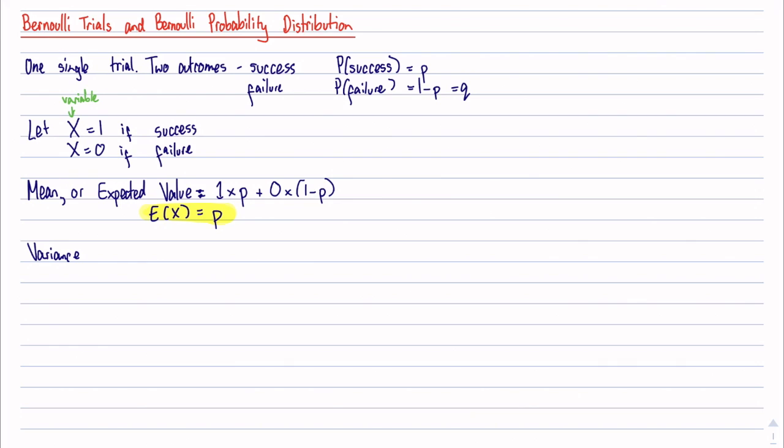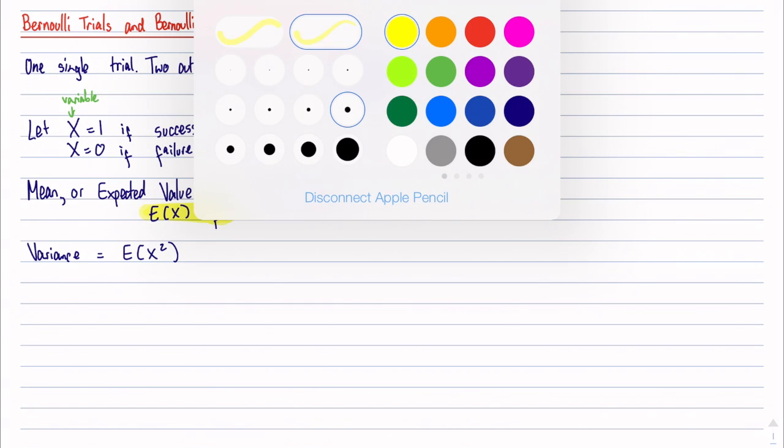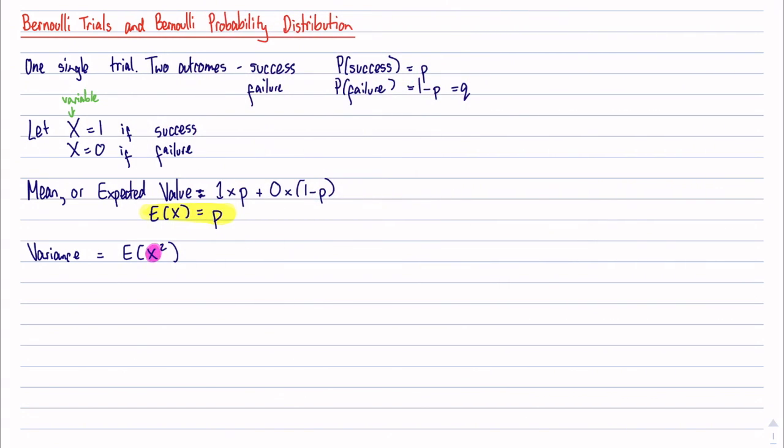The variance is going to be the expected value of X squared. I'll go into what that is. That X, by the way, is these ones, minus the expected value of X, squared, yeah?